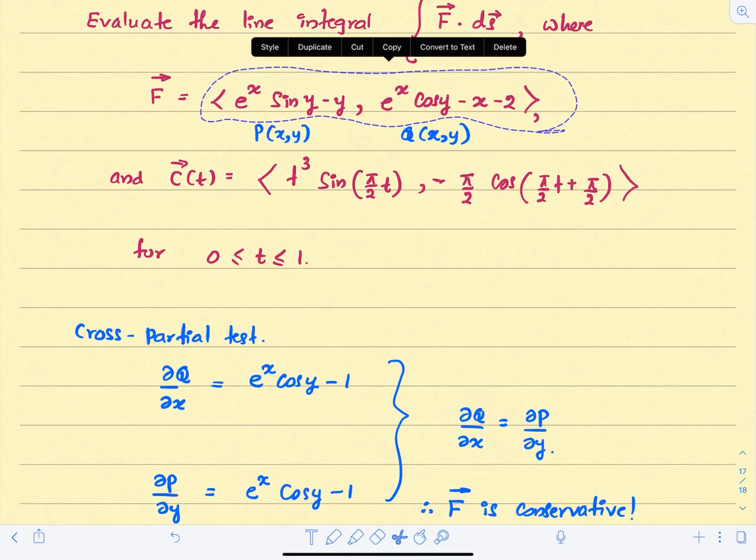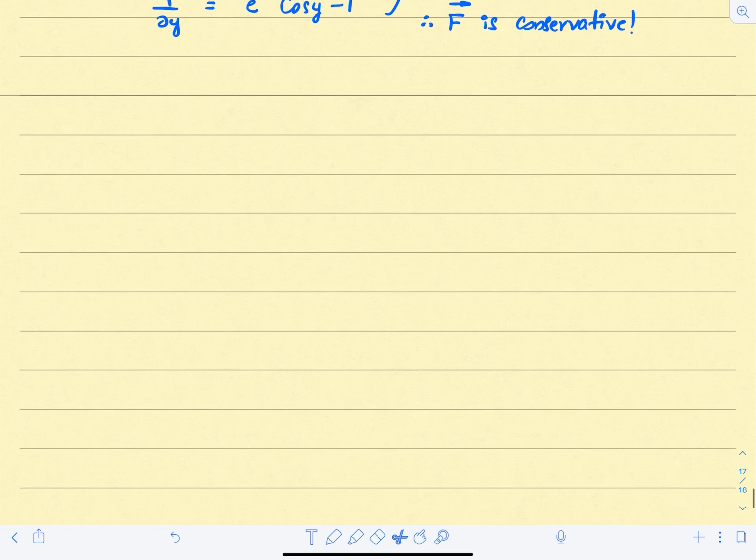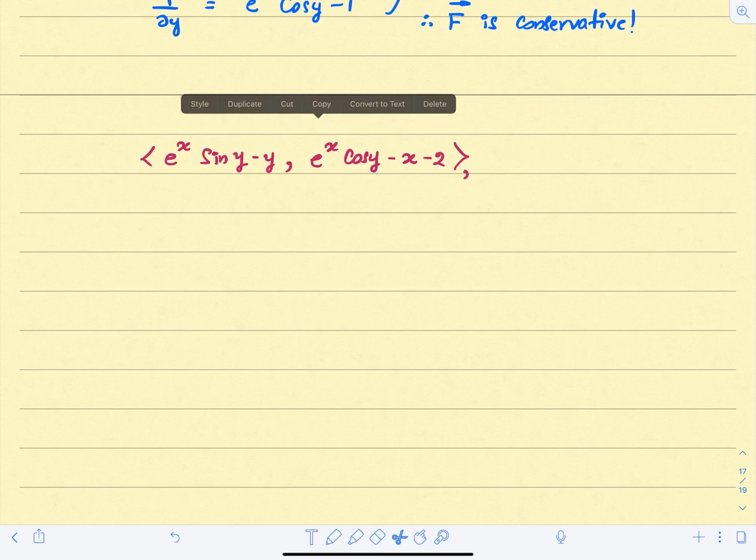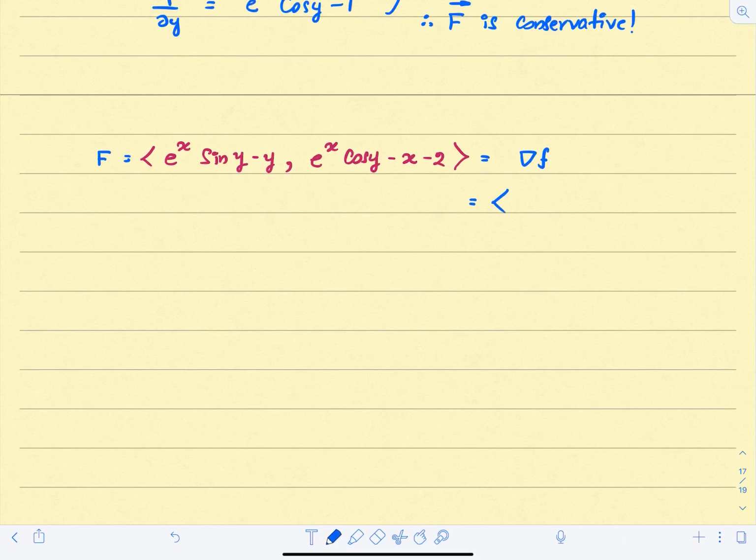So let's do that. This is your F, which equals the gradient of little f, and the gradient of f equals partial f over partial x comma partial f over partial y.